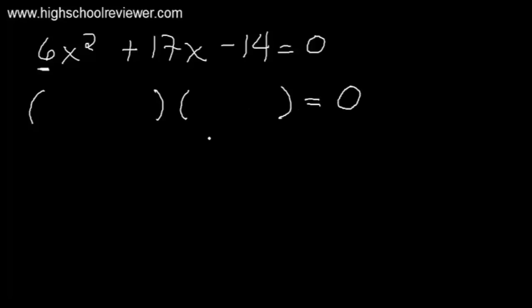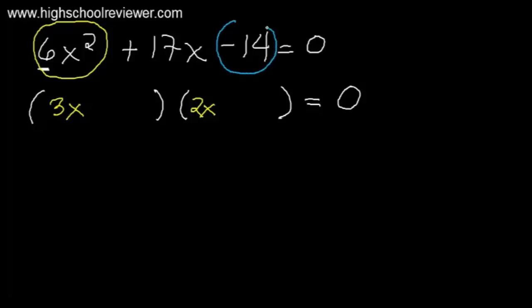This is equal to 0. Our first term is 6x squared. The factors of 6x squared, we have positive 3x and positive 2x. And then let us factor out our last term. Our last term is negative 14.